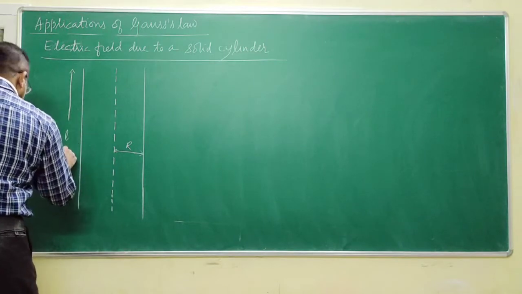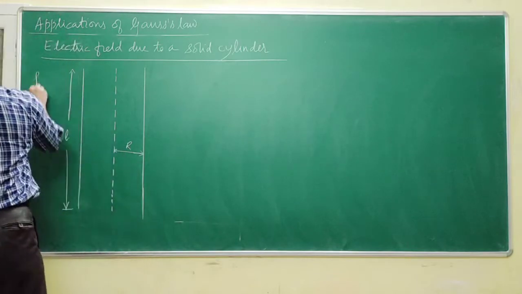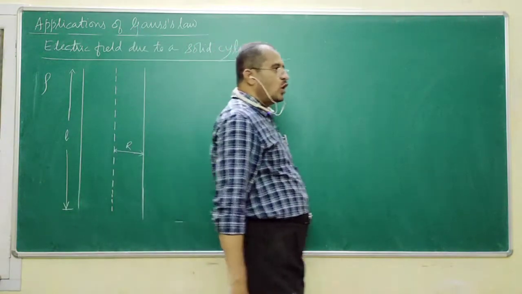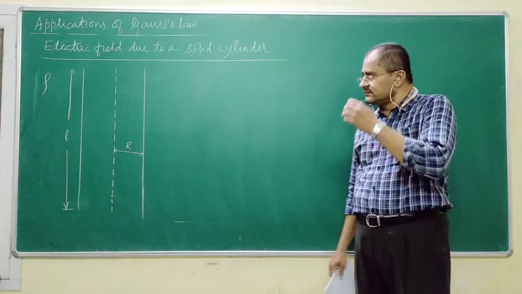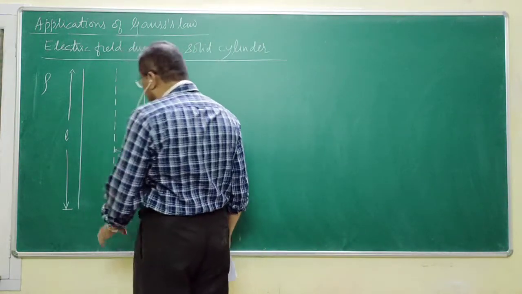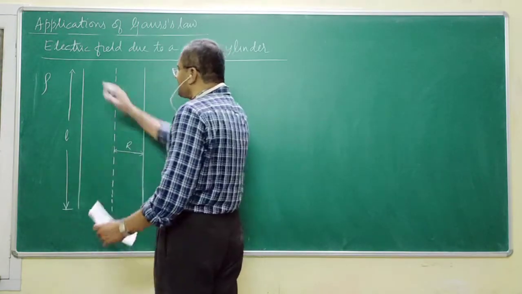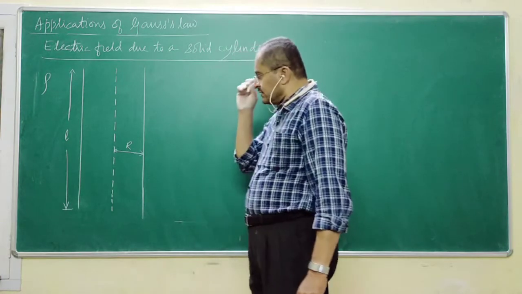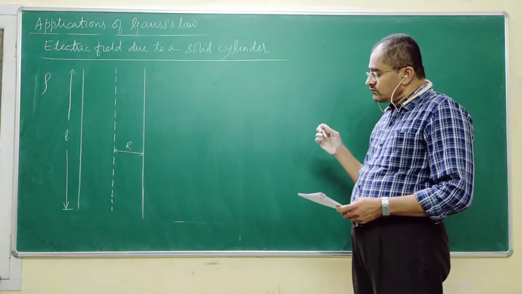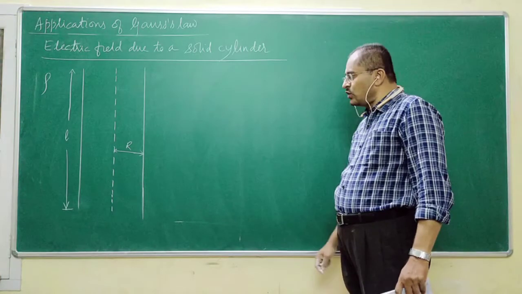Let the length of the cylinder be L, and let rho be its volume charge density. I repeat, these are parallel lines, and the dotted line is the axis of the cylinder. I have drawn a cylinder, caps are not shown here. This is a cylinder of radius R, its length is L, volume charge density is rho.